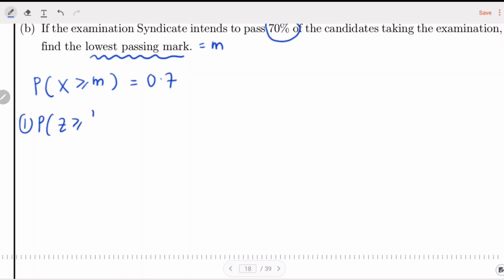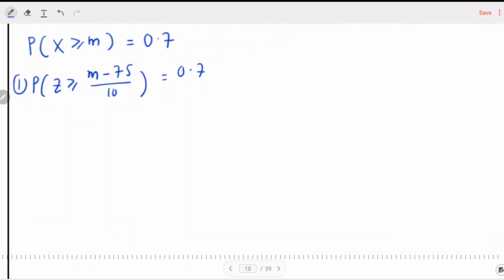standardize, bell shape. But since we don't know whether Z is negative or positive, we need to sketch 2 bell shapes.